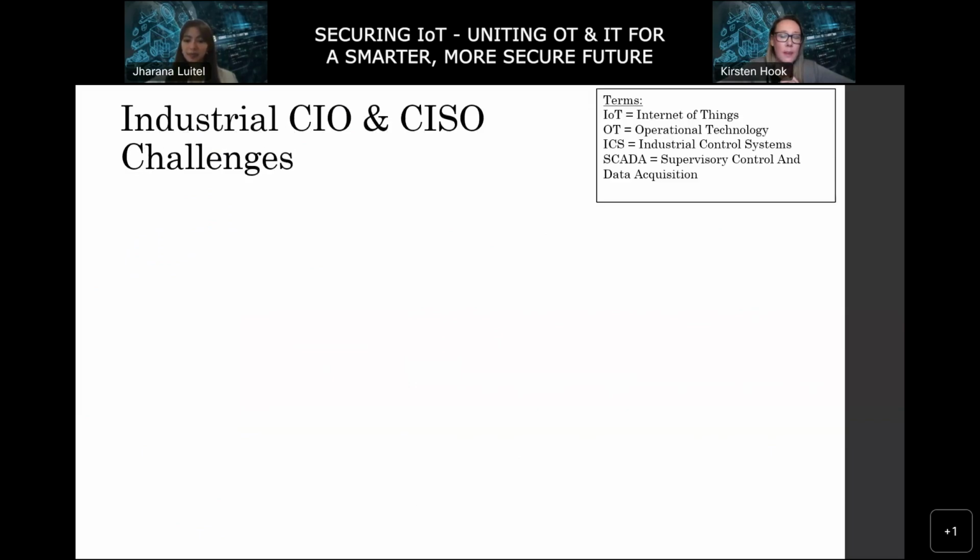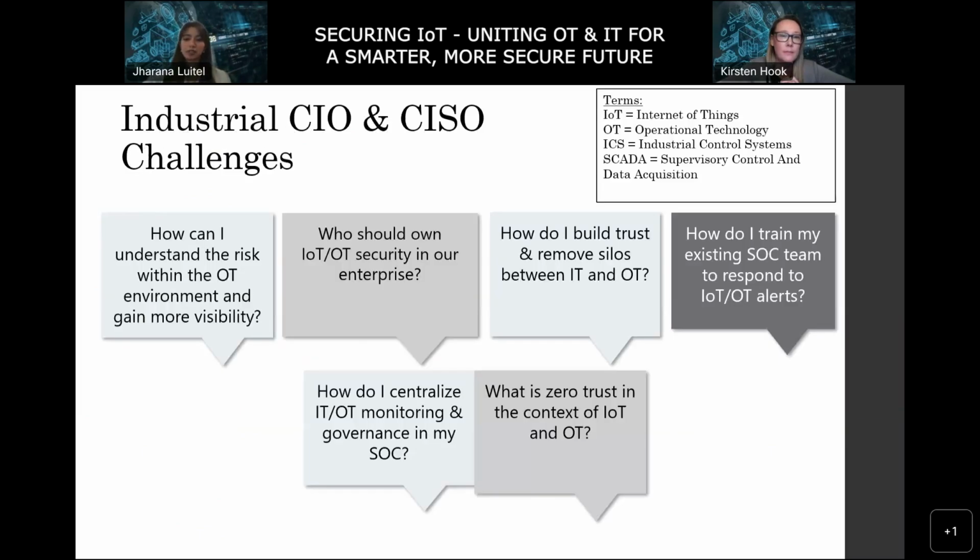So as Kristen mentioned, we just looked at some of the gaps in the modern SOC, and there are also a lot of questions that CIOs and CISOs ask us when we go and talk with them. How can we gain more visibility and better understand the risk within the OT environment? Who should take ownership of IoT and security within our enterprise?